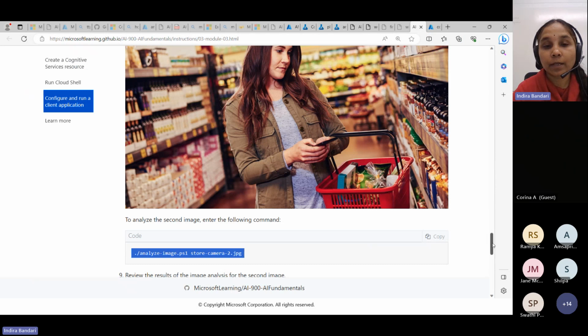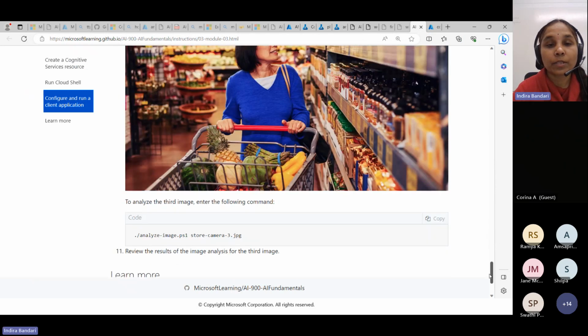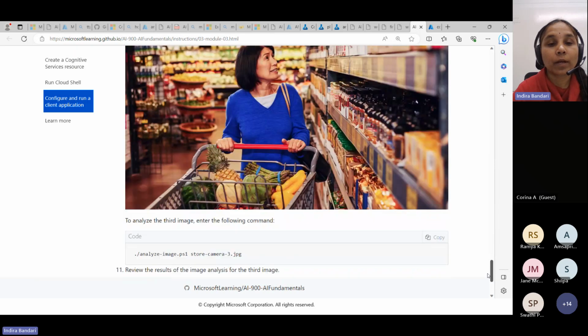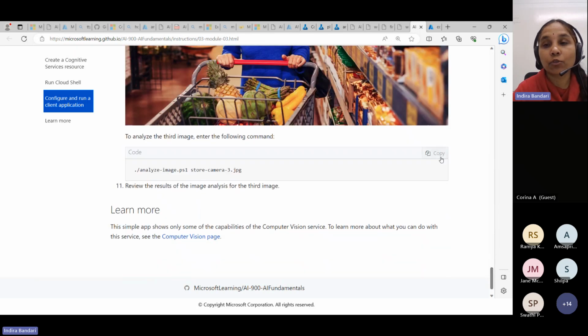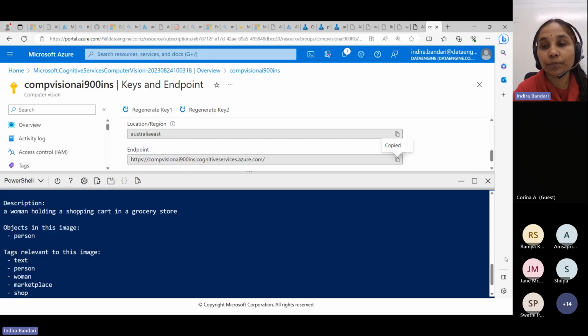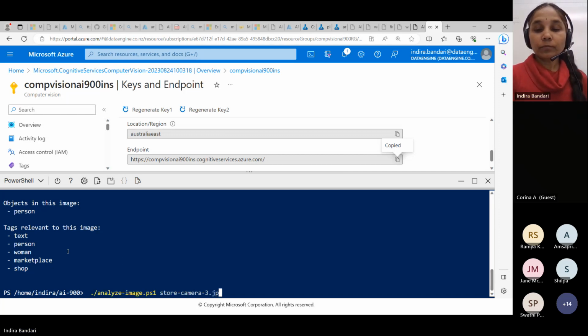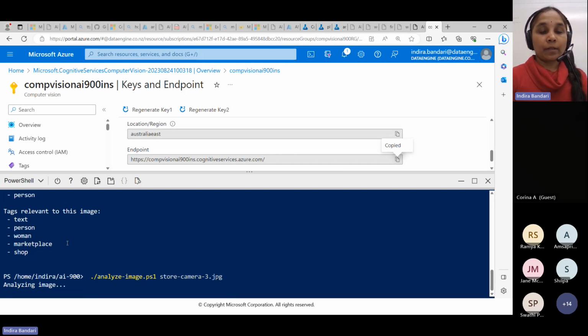We can analyze a third one, which is this one. And for that we need to copy the last command and go into the command editor, Cloud Shell, Control Shift V, and then enter.